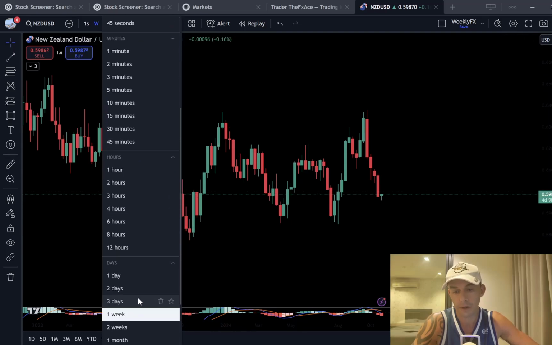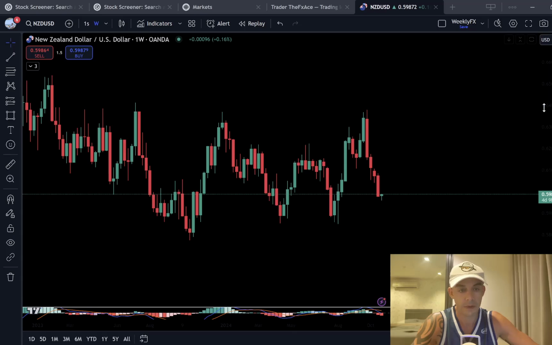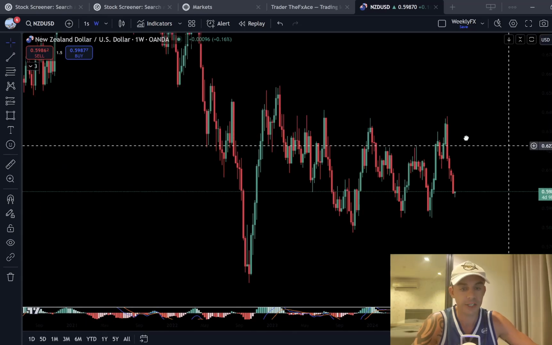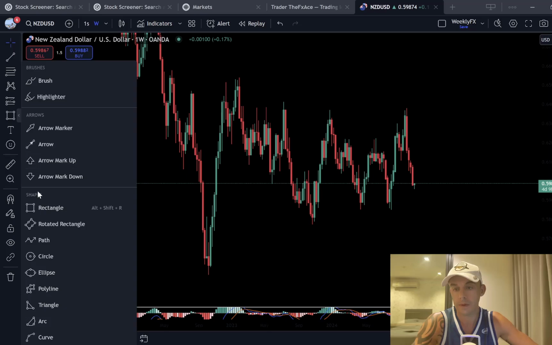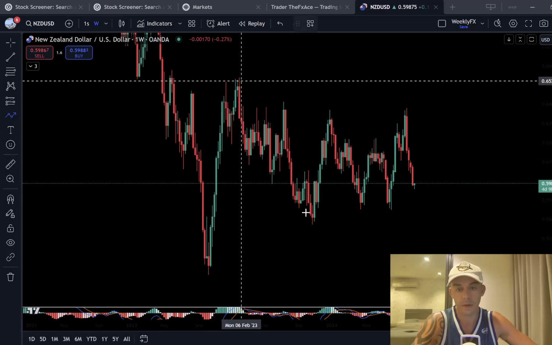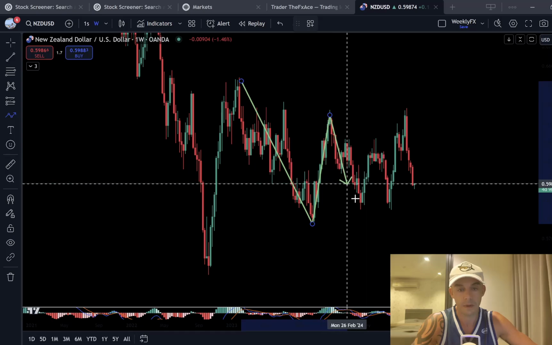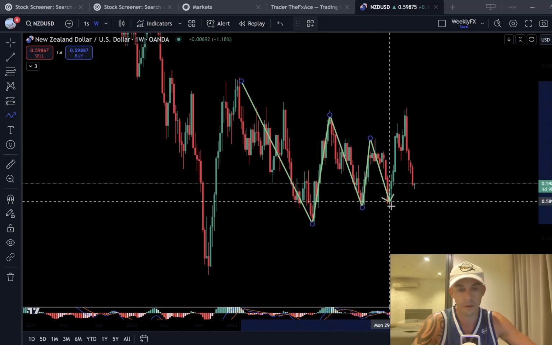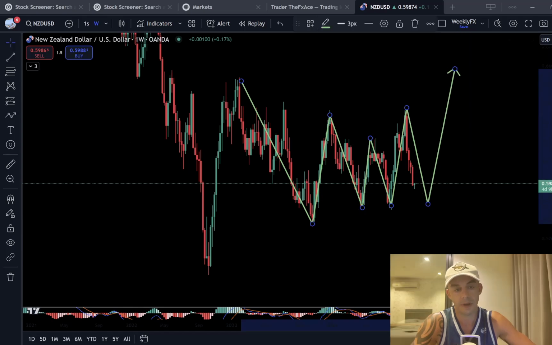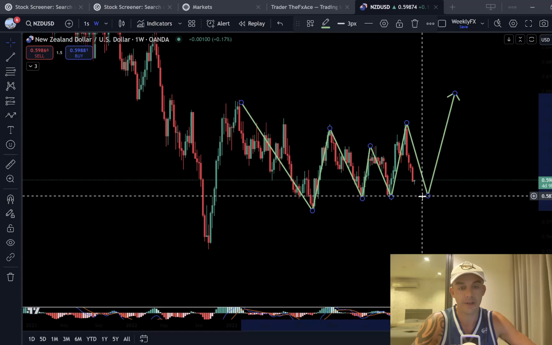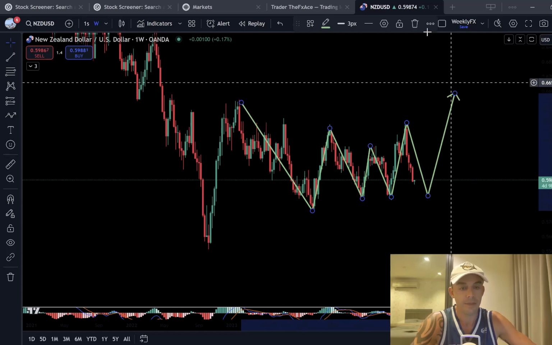Again, we are in a ranging market here. That should be the next likely path for the Kiwi short term.